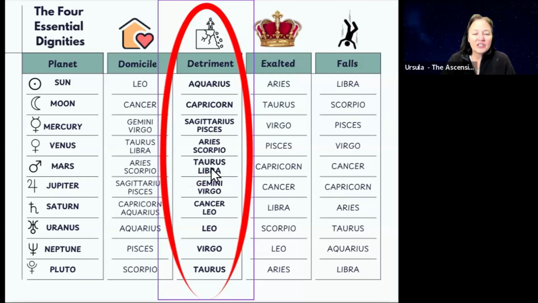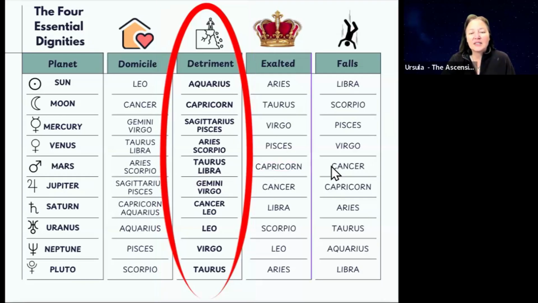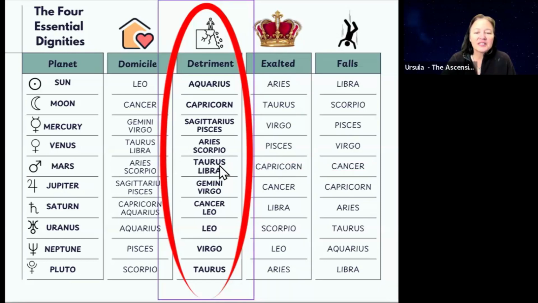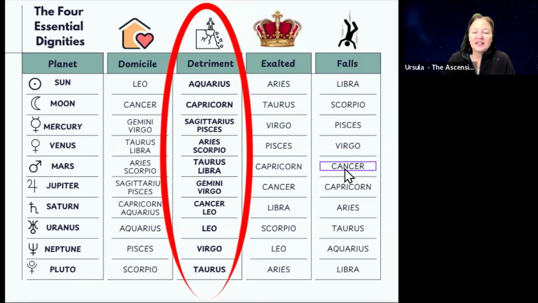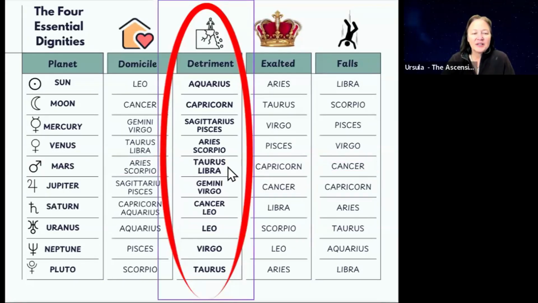It is challenging, but not as destabilizing as Mars falling in Cancer. This is more like the obstacle course, a more extreme one, where that energy really needs to shore up and understand how Mars would work in Cancer. It's by levels of degree, okay?